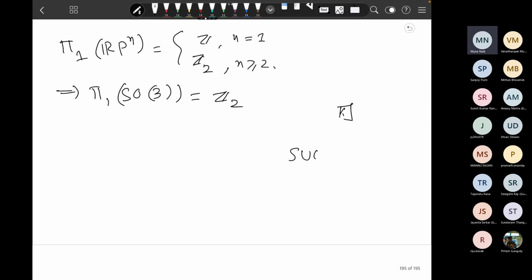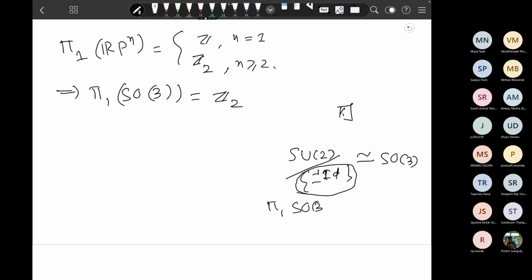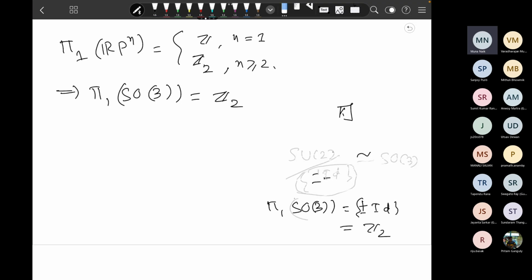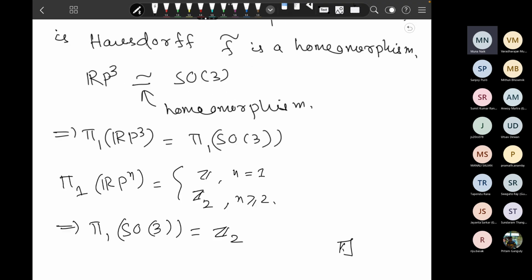If you know a little bit of Lie theory, SU2 modulo plus minus identity is homeomorphic to SO3, and there are some abstract theorems that will tell you that pi 1 of SO3 is plus minus identity, and that is Z2. But since we do not know those theories, I am not going into this. So pi 1 of SO3 is equal to Z2.